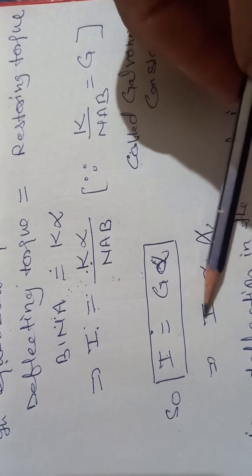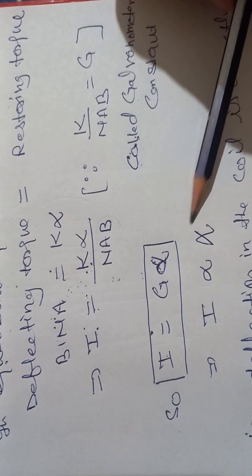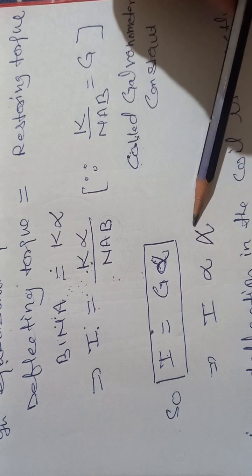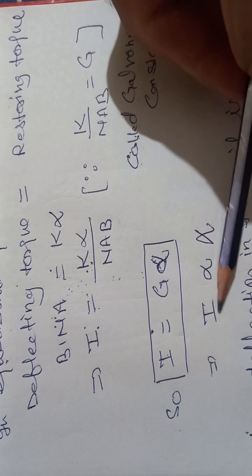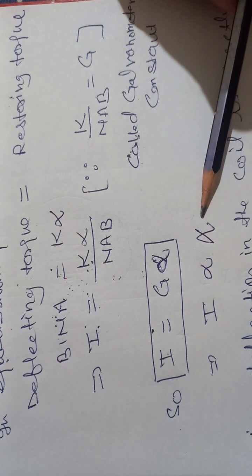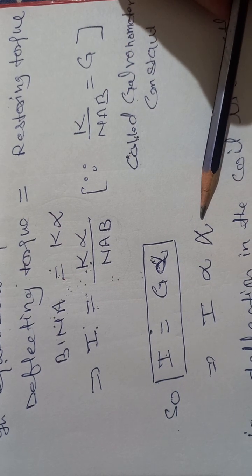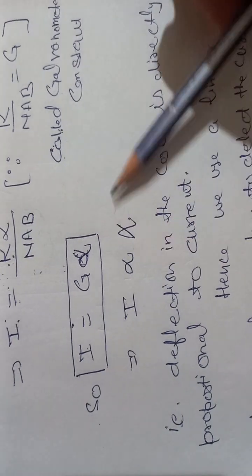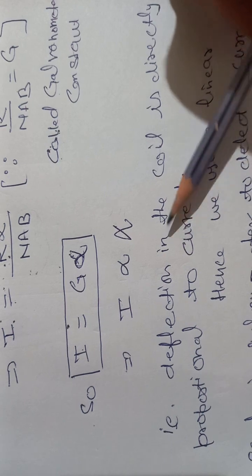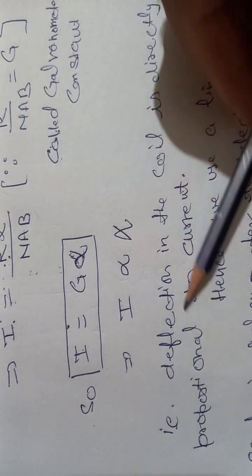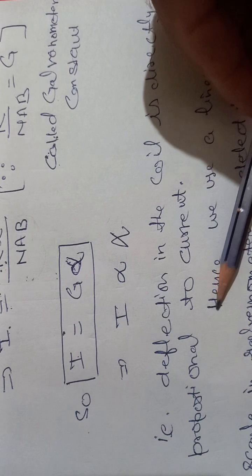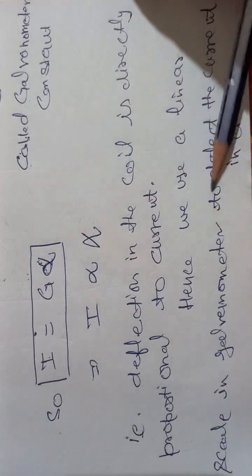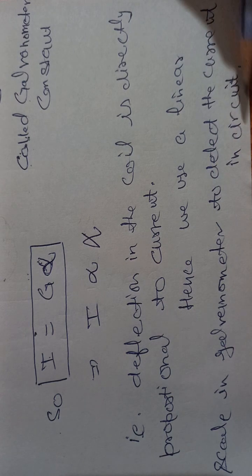So I is directly proportional to alpha, meaning the current passed through the coil is directly proportional to the deflection. The more current you pass, the more deflection will come in your galvanometer. And that's what we want: the more current we pass, we should immediately get maximum scale deflection. That is, deflection in the coil is directly proportional to the current. Hence we use a linear scale in the galvanometer to detect the current in the circuit.